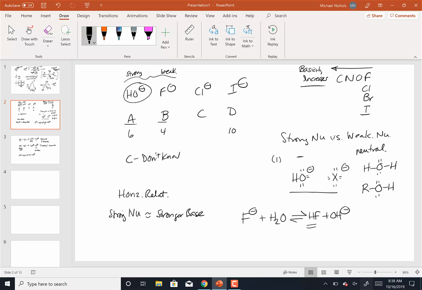But when they tried this with the vertical relationship, like when they tried this with fluoride to chloride to bromide to iodide, they found out that basicity didn't predict that. It turned out that iodide was the strongest nucleophile. That iodide was stronger than fluoride.